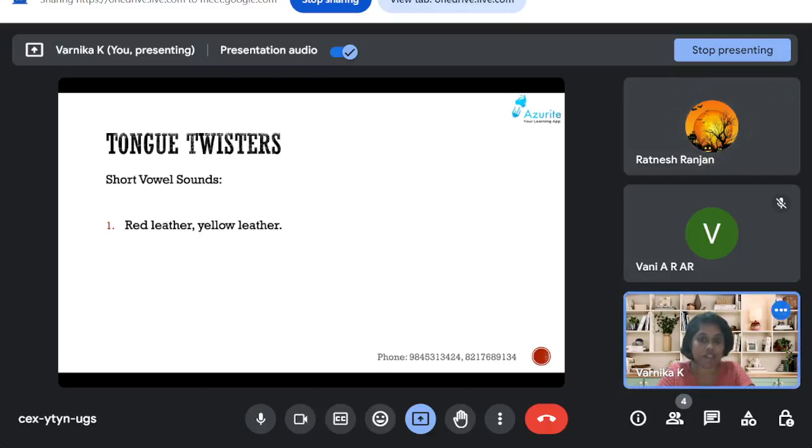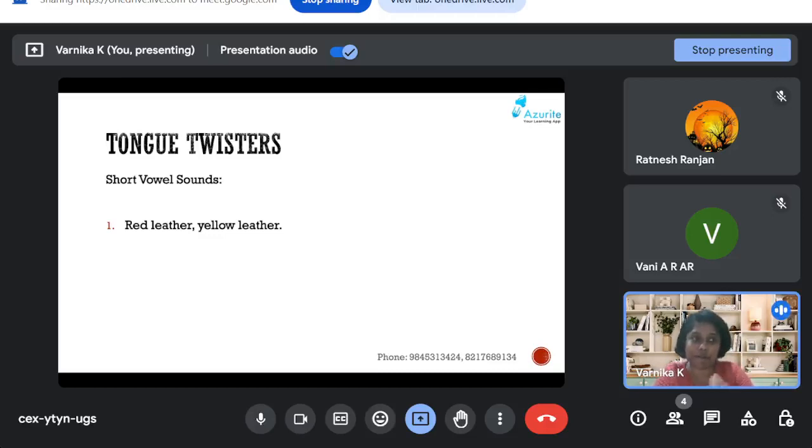Yes. So make sure you note these tongue twisters down. You should be able to read them properly, quickly. See how I'm reading it. Okay. Red leather, yellow leather. Red leather, yellow leather. Red leather, yellow leather. So at least 3, 4 times you should be able to say it clearly.